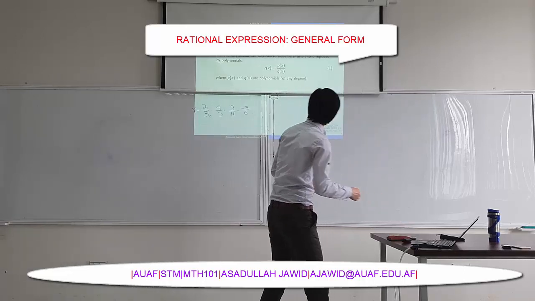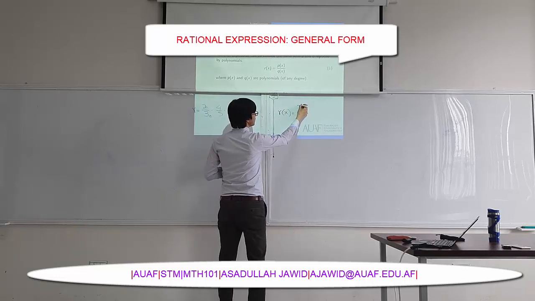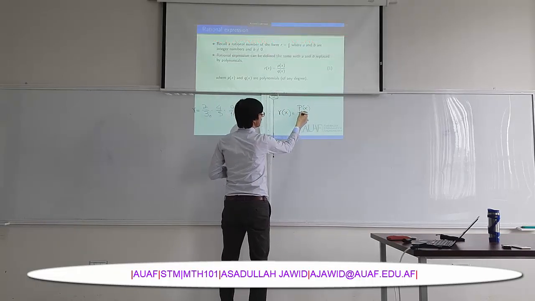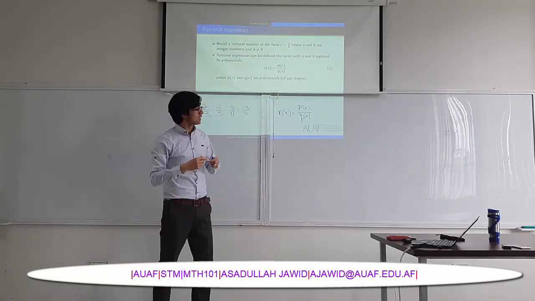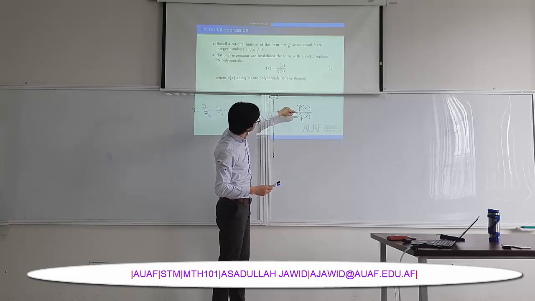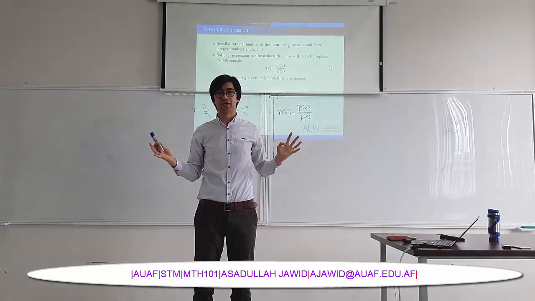I write it on the board. A rational expression, we call it R, is equal to P of x divided by Q of x. Now, P of x and Q of x are two polynomials of any degree.